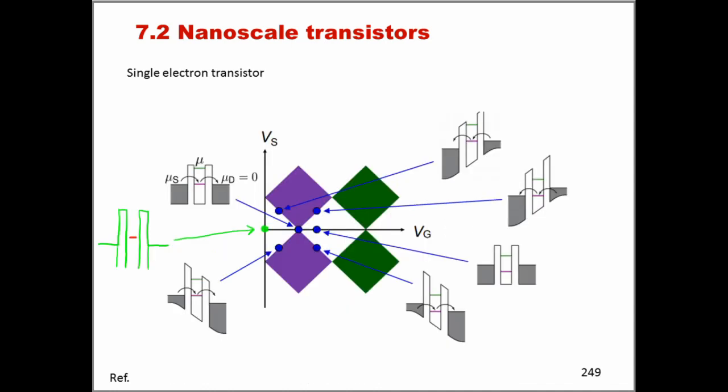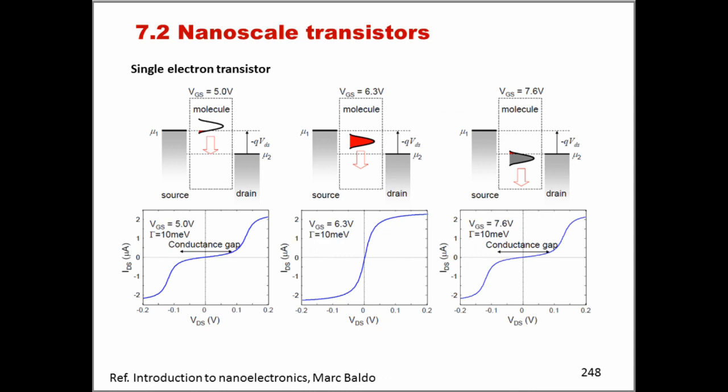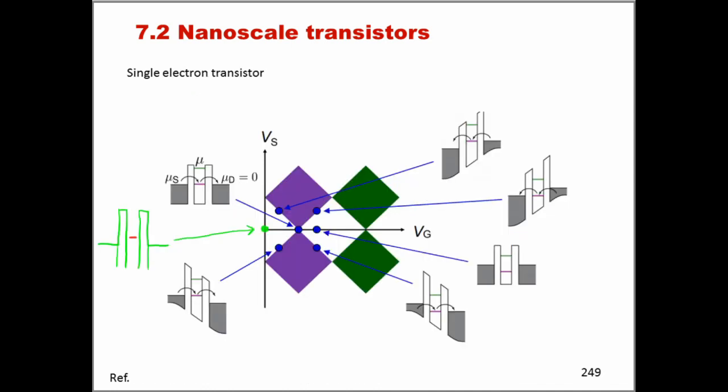It is based on what we've just said in this couple of slides. We've understood something very important, that in the operation of our single electron transistor, both the gate voltage and the source or drain voltage play a very important role.